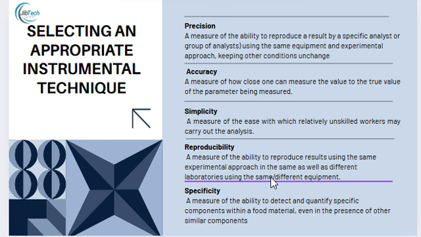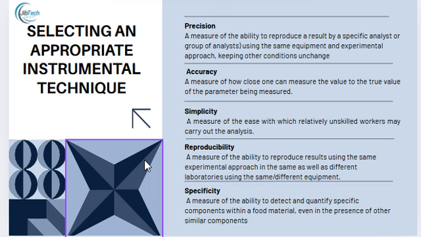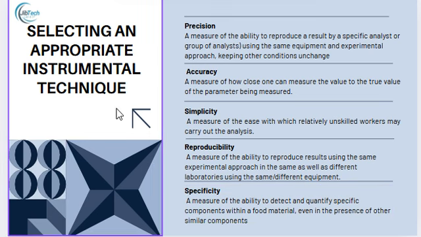Specificity is a measure of the ability of an instrument to detect and quantify specific components within a food matrix, even in the presence of other similar components.